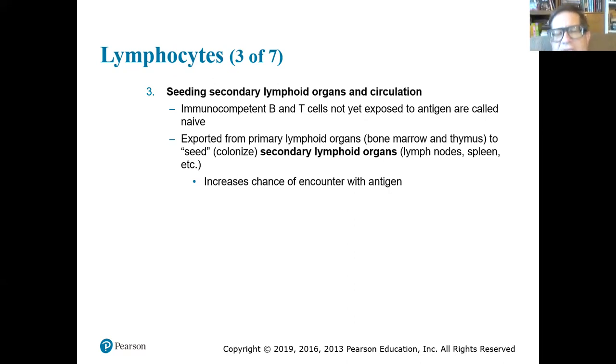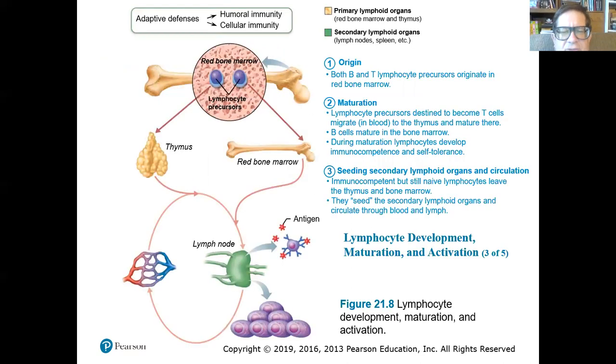In that other place, there's a real good chance that they will find an antigen. So immunocompetent but still naive lymphocytes leave thymus and bone marrow. They will seed secondary organs as they circulate through the blood and the lymph. I want to emphasize that B ones will tend to be more stationary once they get to a spot, a secondary organ. The T ones tend to travel.